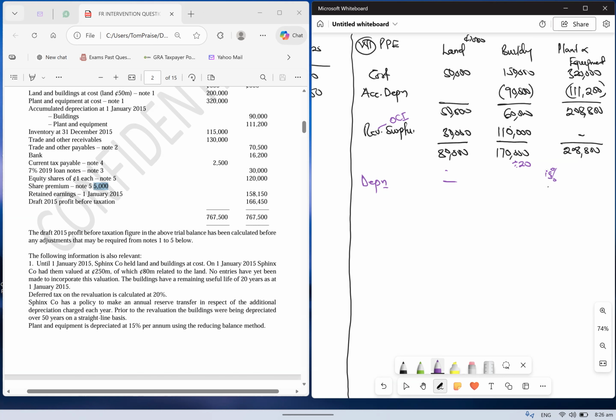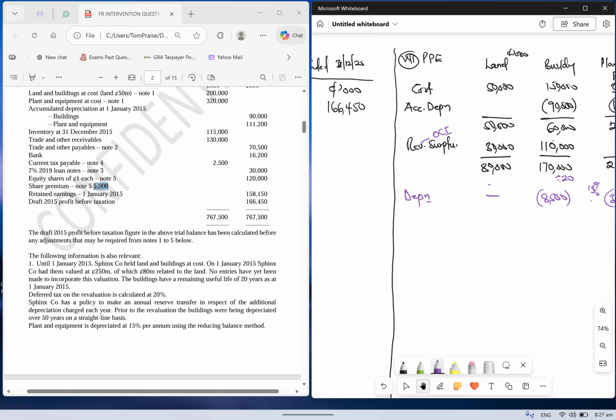For building, 8,500. What else? The other one. Plant and equipment, 31,320. So once you have the depreciation, don't hesitate.